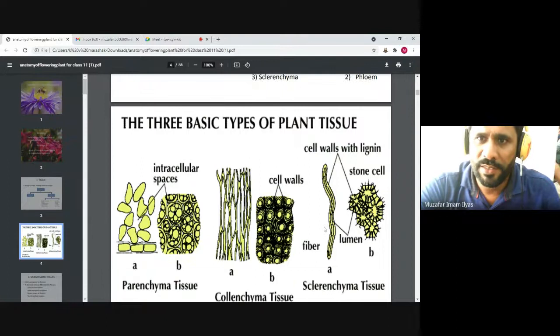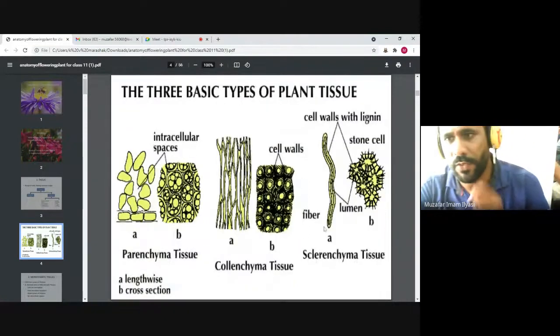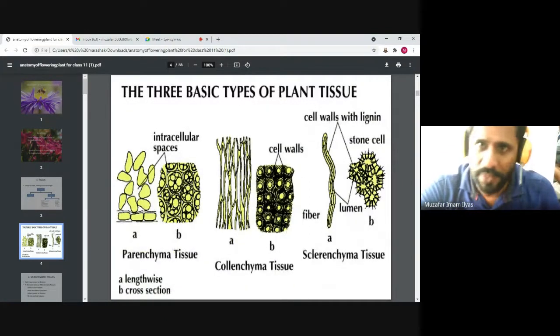See this slide and observe the different types of tissues of plants. The three basic types of plant tissues: first is parenchyma, which can be viewed in pictures A and B. This is the intercellular spaces, and this diagram shows the cell walls.